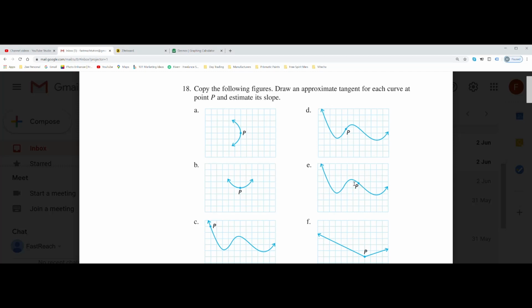Let's look at this one. We know that this is a negative slope.